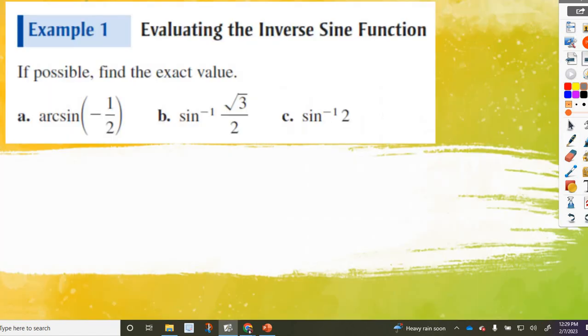So, speaking of going backwards, remember we said that our unit circle wasn't going away, so we still need to remember our things from the unit circle. So, where does sine equal -1/2 on our unit circle? Where does sine equal +1/2?